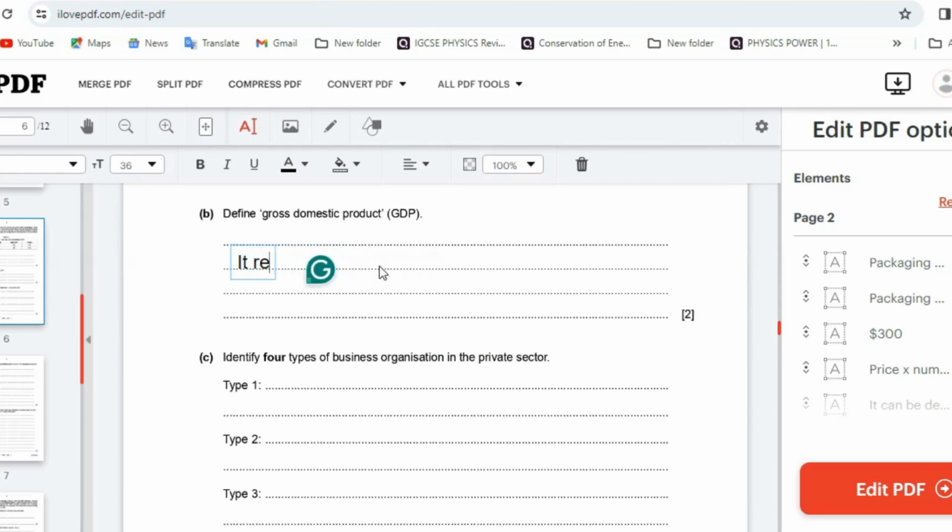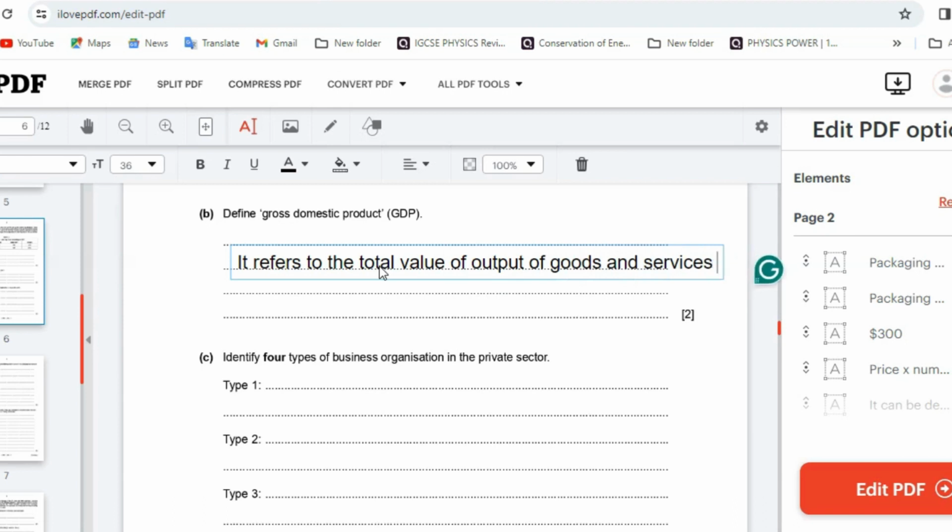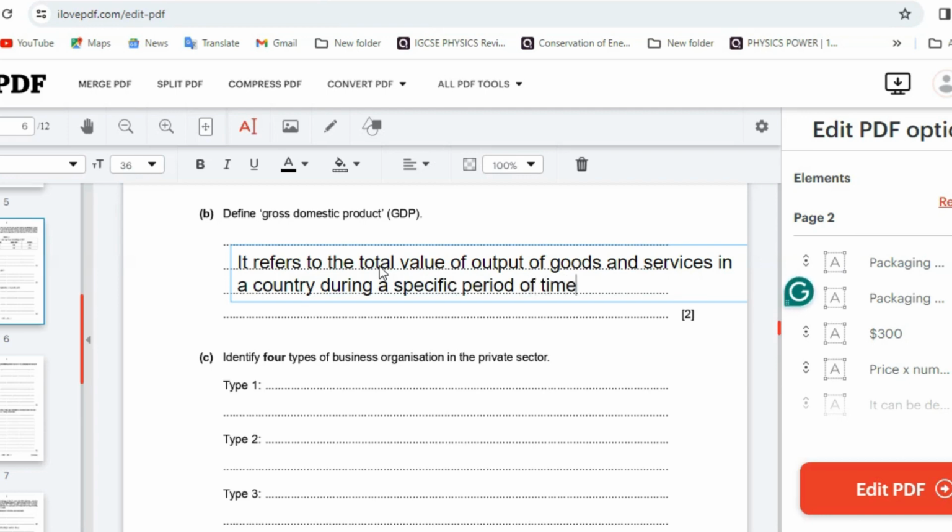Let's say it refers to the total value of output of goods and services in a country during a specific period of time, usually a year.